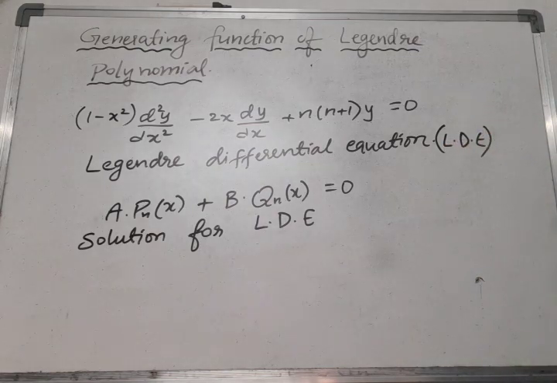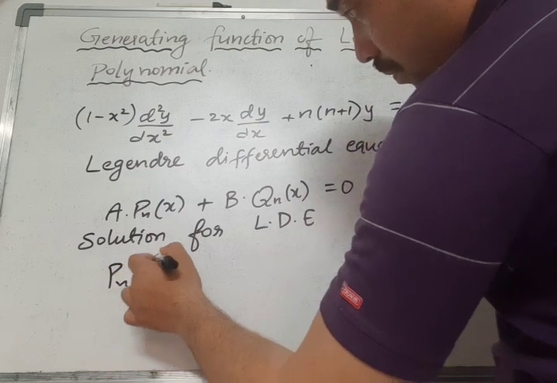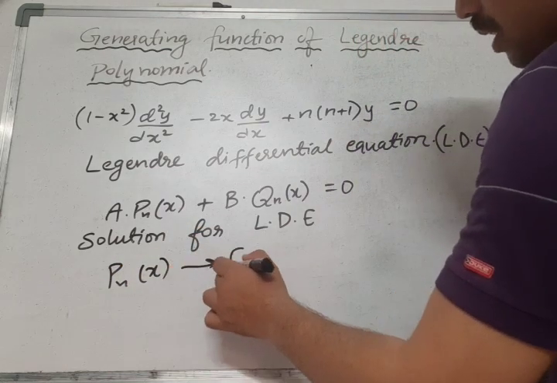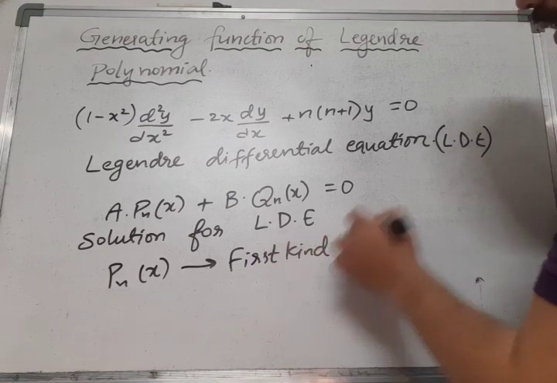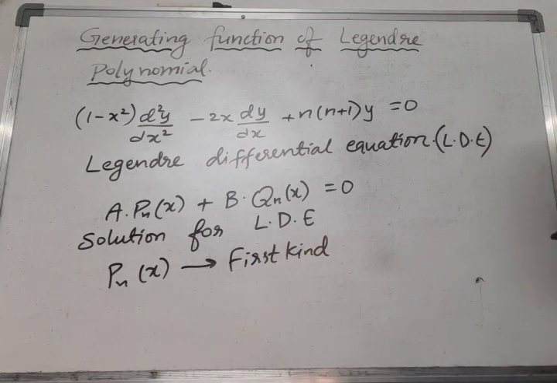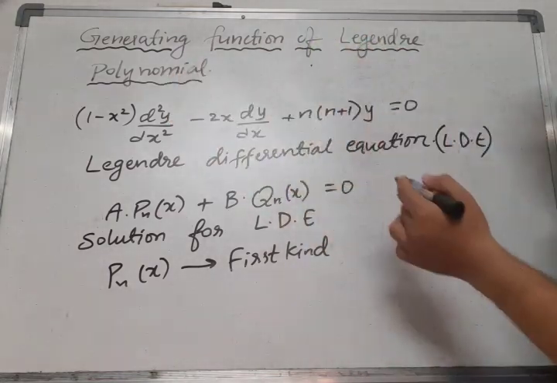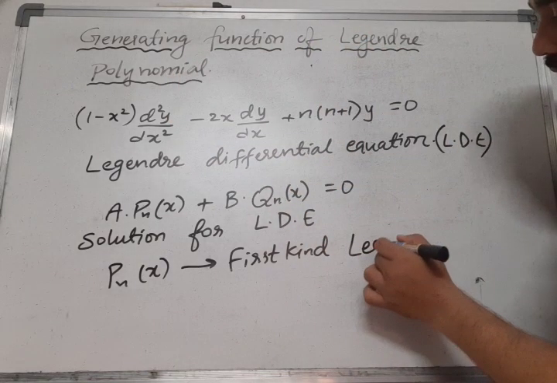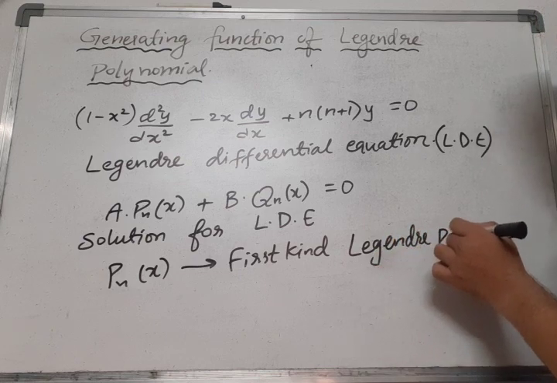Okay. Next, Pn of x is called the first kind Legendre polynomial.